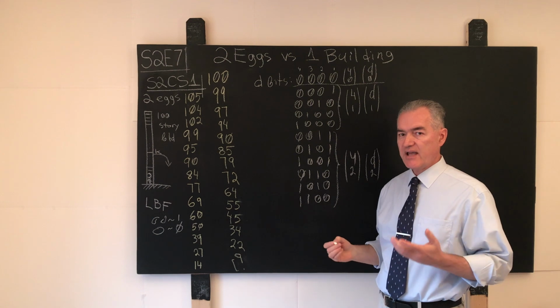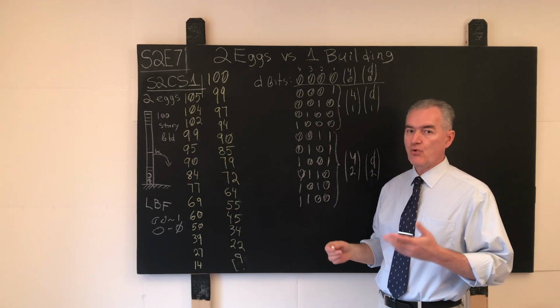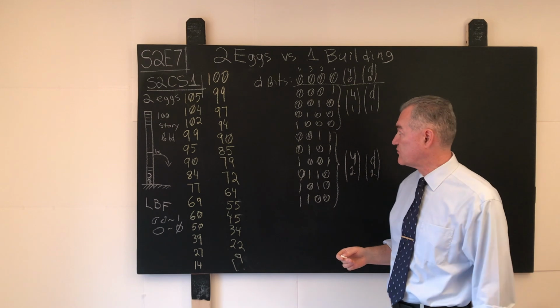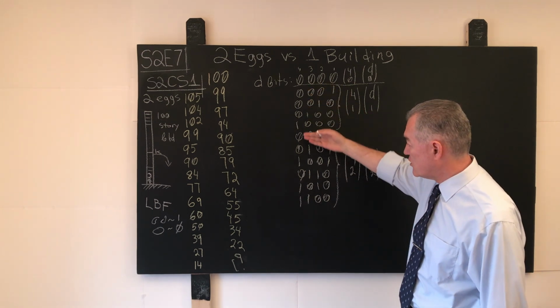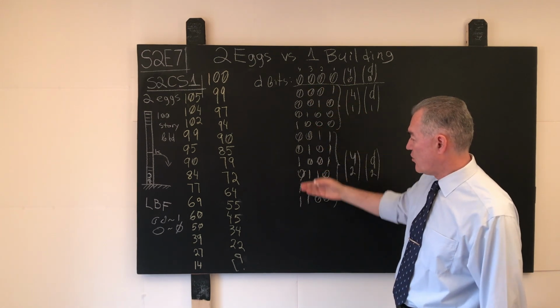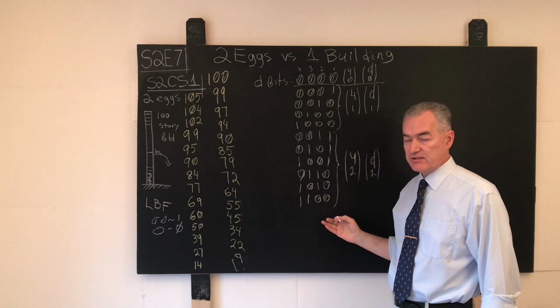In other words, it can never happen that one building can have 2, 3, 4, or more than one lowest bad floor, and that outcome will be captured with one of these binary strings.